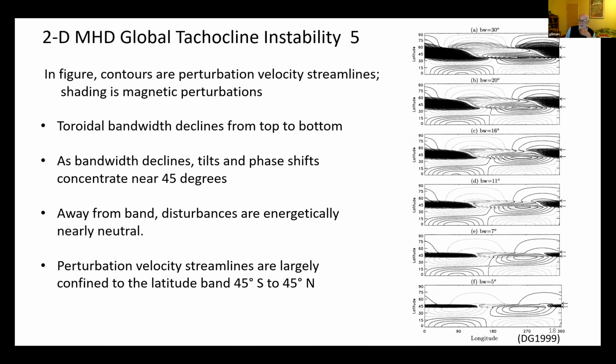No surprise, because that's where the toroidal field is, but you're getting almost neutral velocity perturbations away from the band. So all the action is right inside that band, where in fact the tilts occur and the very sharp phase changes between velocity and magnetic fields as a function of latitude.